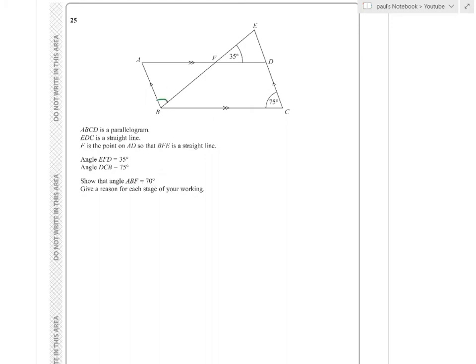ABF, that one there. So AFB equals 35, and that is vertically opposite. Okay, so that is 35.